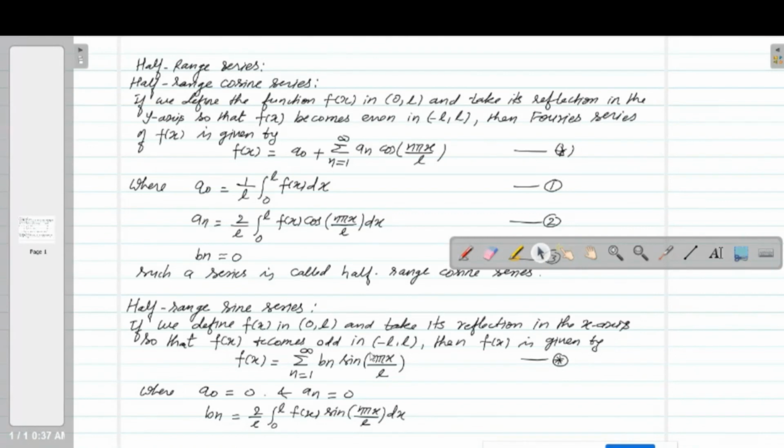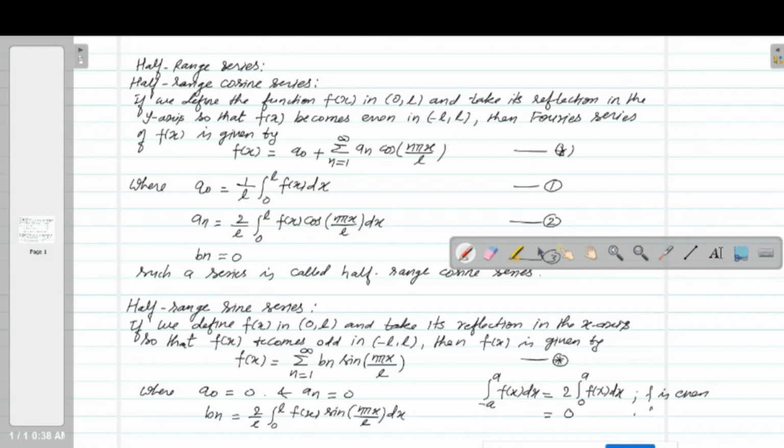In the last lecture we studied even function and odd function, and the properties of definite integrals. If the interval is minus a to a, what is the property of the definite integral? The integral from minus a to a of f of x dx equals 2 times the integral from 0 to a of f of x dx when f is an even function. If f is not even, meaning f is odd, then this integral value is 0.